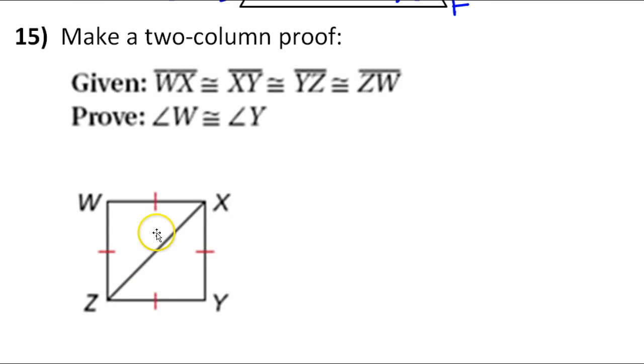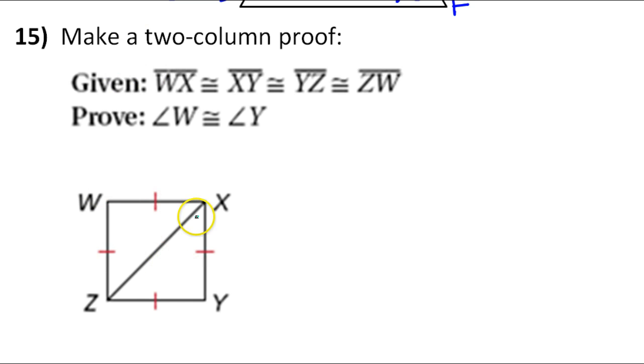Alright, so for number 15, we're supposed to make a 2-column proof. Given this information, we're supposed to prove that angle W is congruent to angle Y. These two are congruent. And our strategy will be, first let's prove that the triangles themselves are congruent. If we can prove that, then W and Y will be corresponding parts of congruent triangles, and so those will be congruent. So let's see why the triangles are congruent.